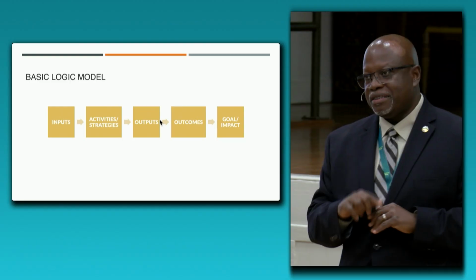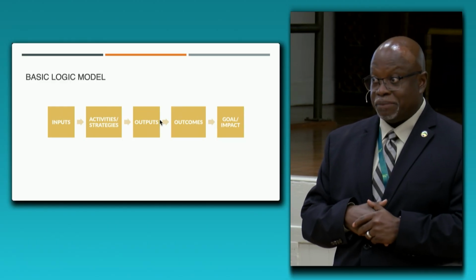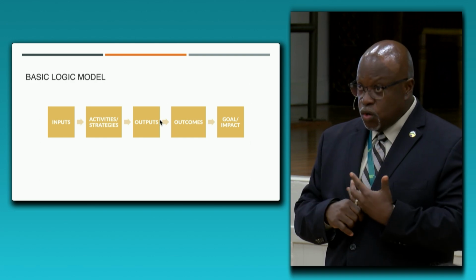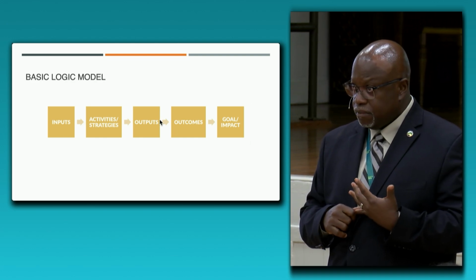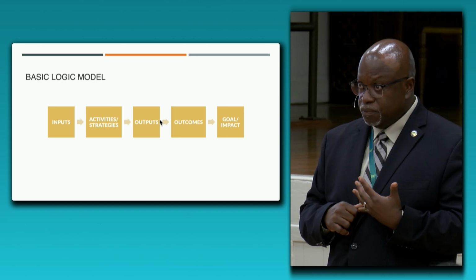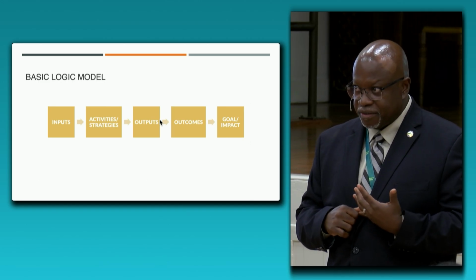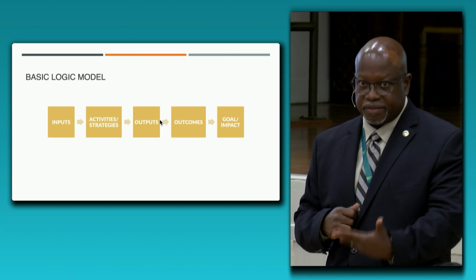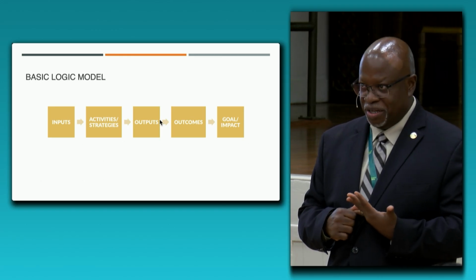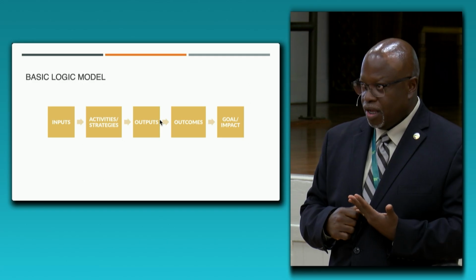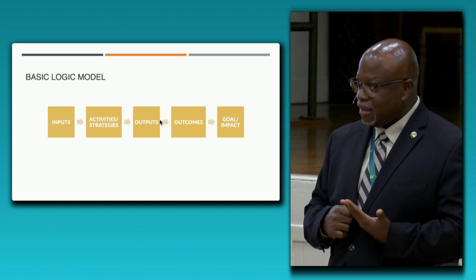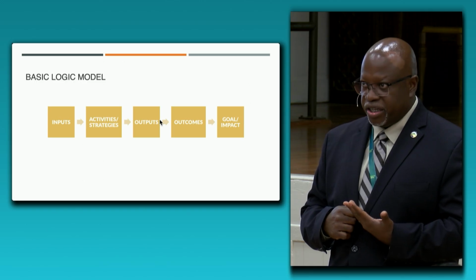I'll show you momentarily what some of those inputs may look like, but I'll quickly mention a couple in passing. If you are providing personnel for the program, then that is one of your inputs. Here's another input. If you have recruited volunteers to help with the program, that's one of your inputs for the logic model. If you are providing the building in which classes are being held, right? Let's say you're doing diabetes education.